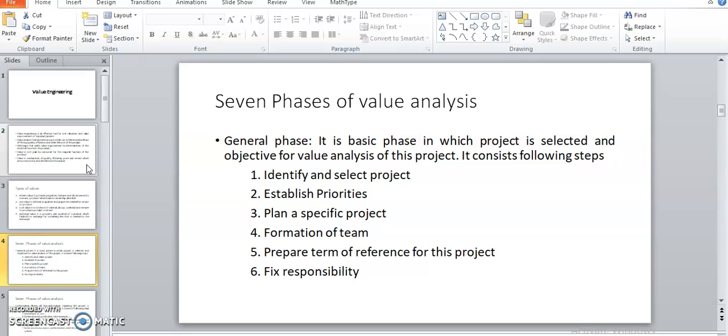Among these seven phases, the first is the general phase. It is a basic phase in which we first define the particular project and identify its objective.